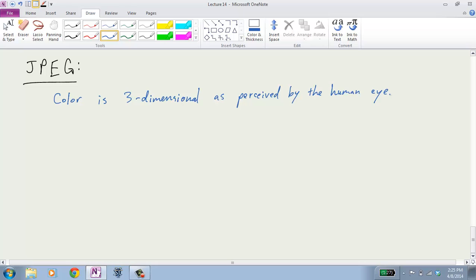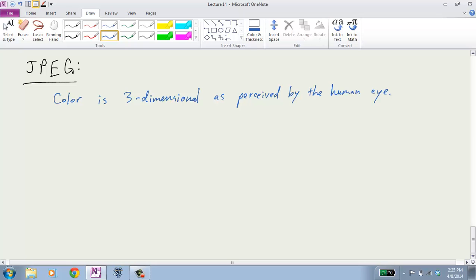Exactly. Our cones in our eyes have three different types that are sensitive to different spectral shapes. And that's the whole reason why color to humans can be described in a three-dimensional way.